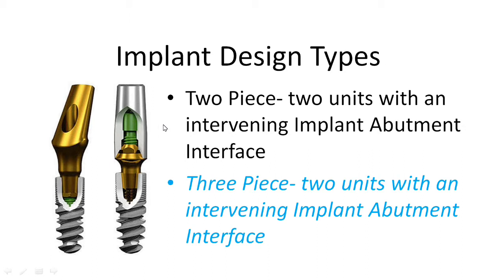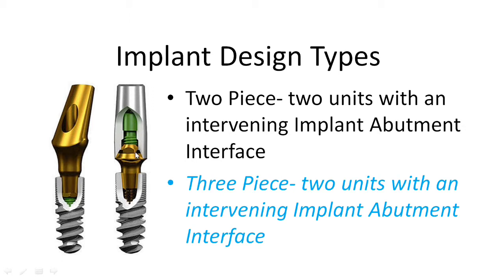There is a newcomer on the market now which is very popular, where we have a multi-abutment, it's called, or sometimes a uni-abutment. There's all sorts of names for these, and what it consists of is a screw-in abutment, and then on top of that another bolt screws on another piece of apparatus onto the top of that.